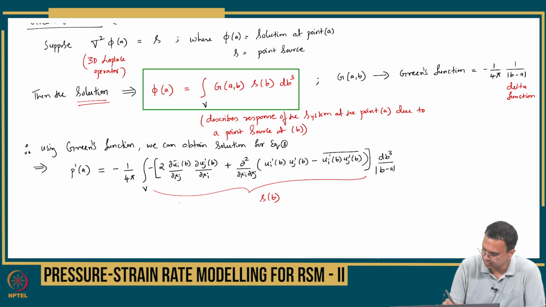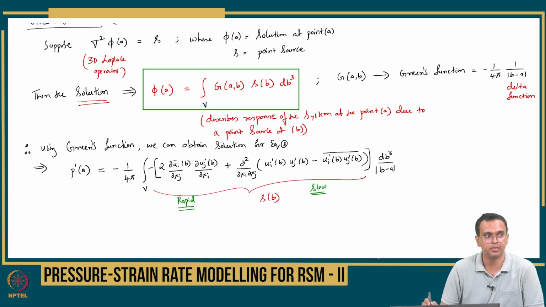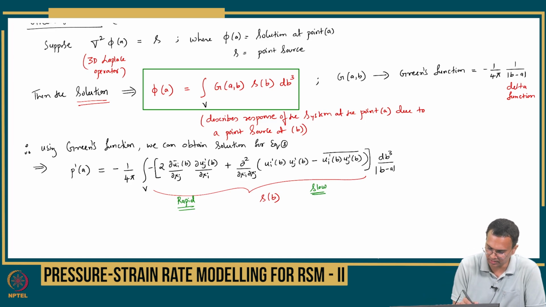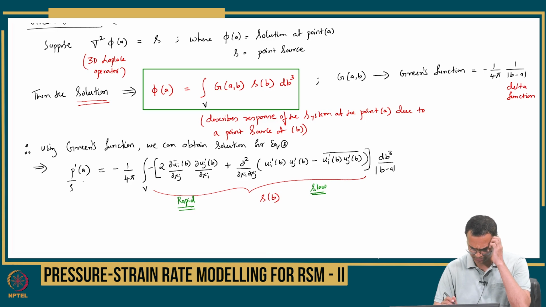So this is your rapid part, this is the slow part. Sorry, density, yeah, so P prime is a constant, I can put it as rho here, P prime by rho, I keep it here constant.